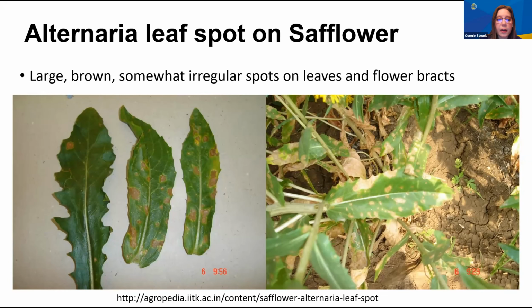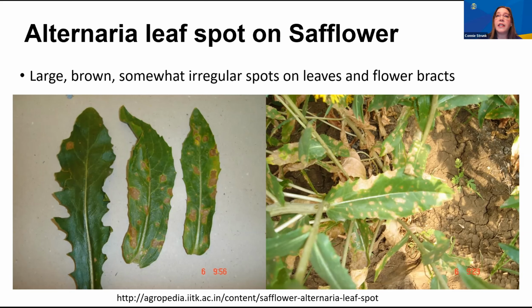And then, wrapping up, changing gears briefly, I just wanted to touch on a disease found in safflower. It's known as Alternaria leaf spot. It causes a large brown, somewhat irregular spot on the leaves and the flower bracts.